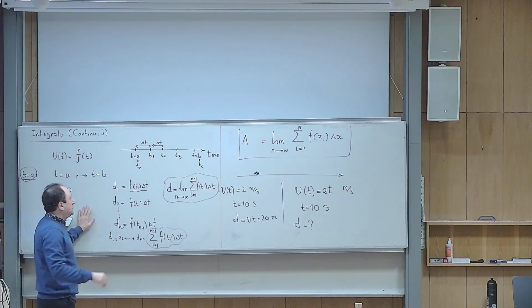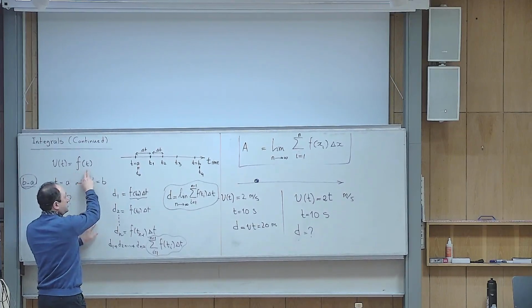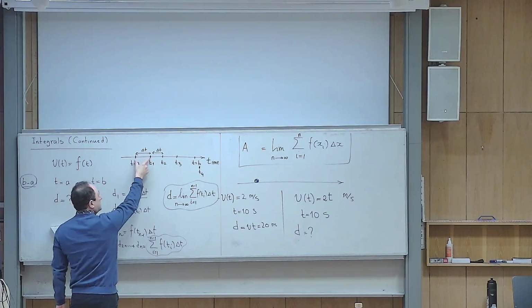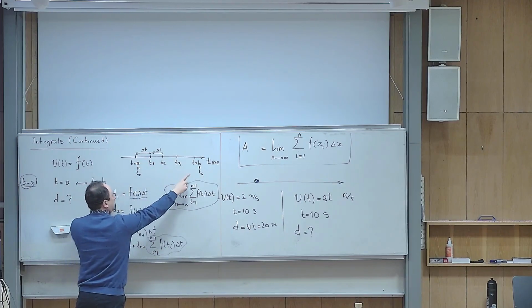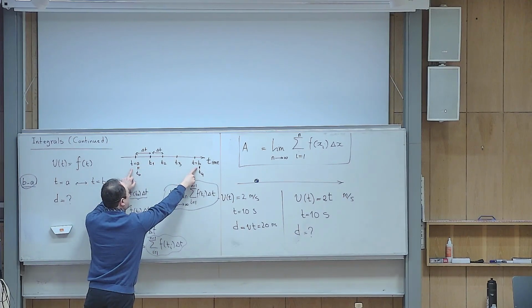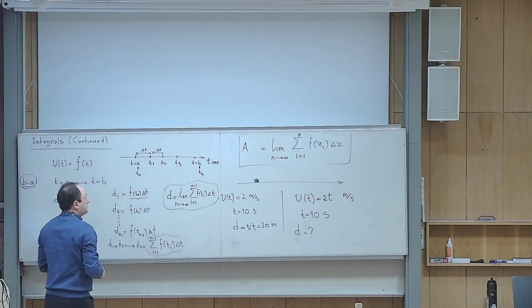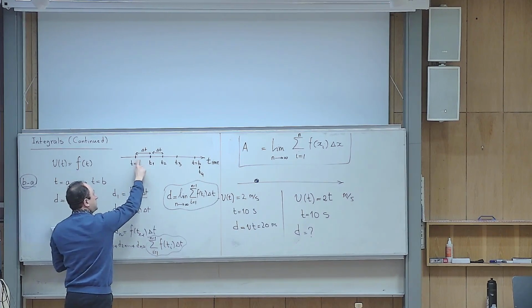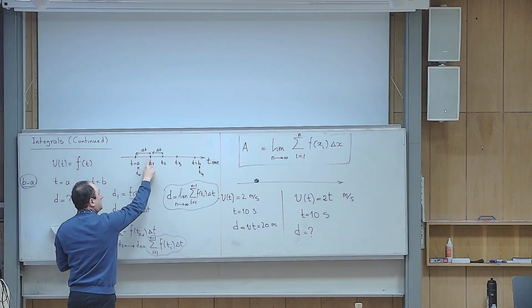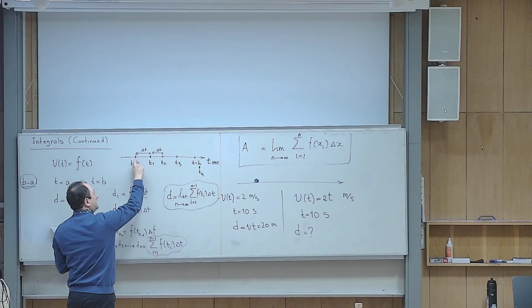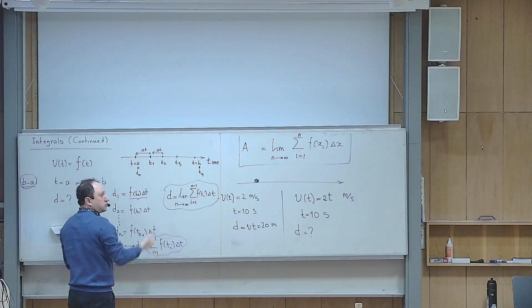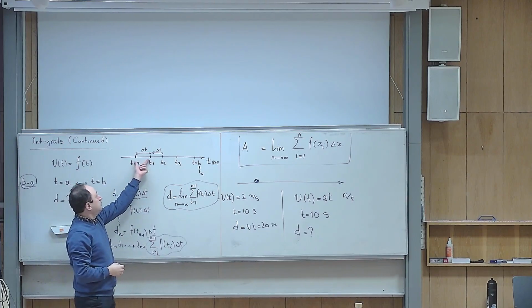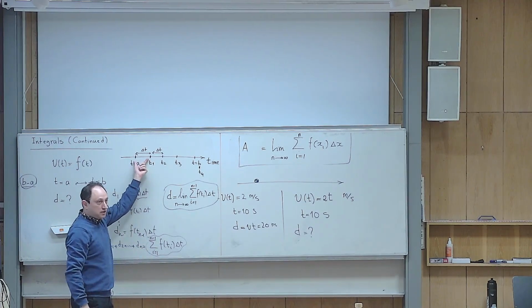So what I do actually, I have a particle whose speed is changing. I start dividing my longer interval, which I am interested in, into shorter intervals, and approximate the distance traveled by my particle on each subinterval, assuming that the speed of my particle all the way is equal to the speed of the particle at the initial time, which of course is not true, because even if this interval is short, the speed of the particle is changing.